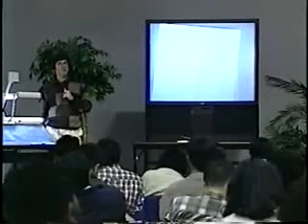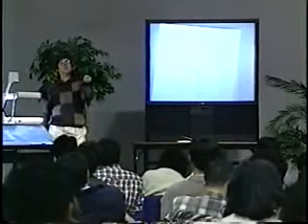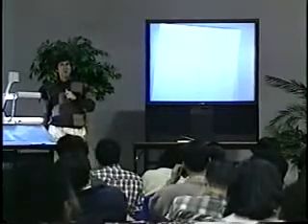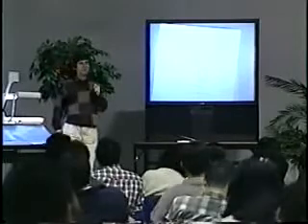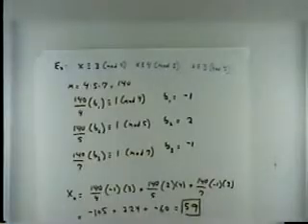How would you add two numbers together in this representation? Let's see if this is a useful representation. How many people see what I mean by this representation? A bunch of people. Suppose I want to write a program to add two big numbers together. How would I do it? I've got big number 1.